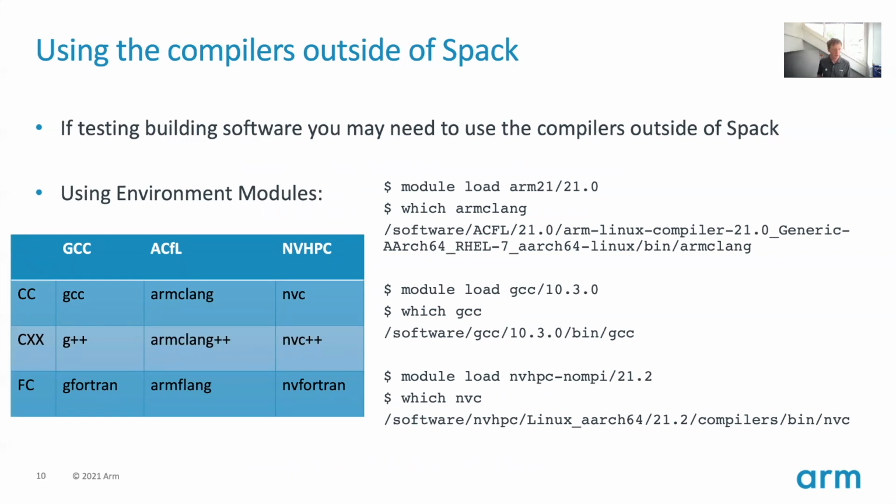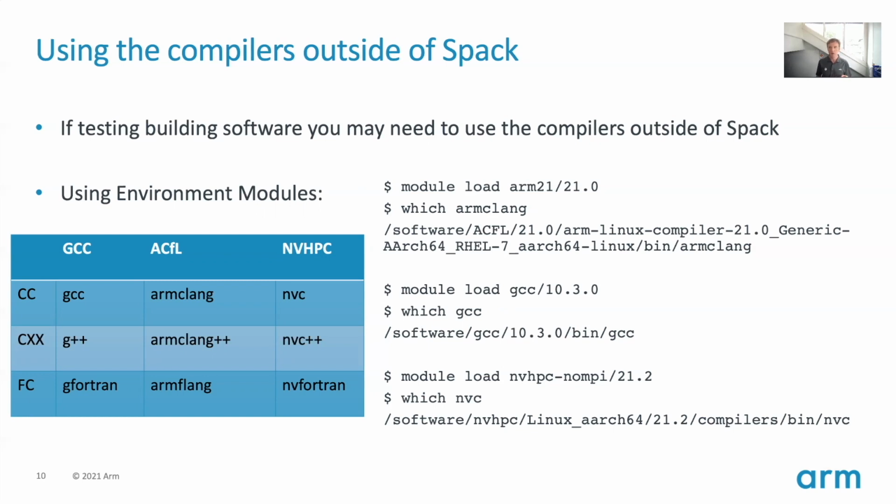Then it may be that through the week you want or need to use the compilers outside of Spack, in which case you'll use the environment modules that are installed on the system. If you say module list, you'll see a bunch of these. If you say, for example, module load ARM21, this will change your environment on your shell so that the binaries in ARM Compiler for Linux are available in your path, and a few other environment variables are set up correctly to make use of that compiler.